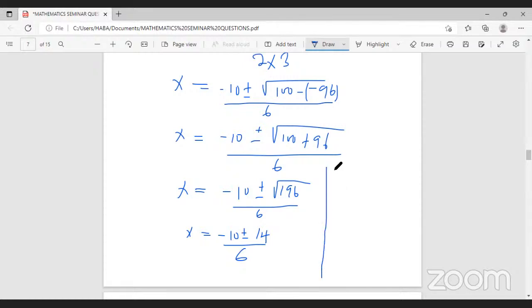You say either your x will be equal to, using first the positive sign, x will be equal to negative 10 plus 14 divided by 6. Divide by 6, we get 4 divided by 6.